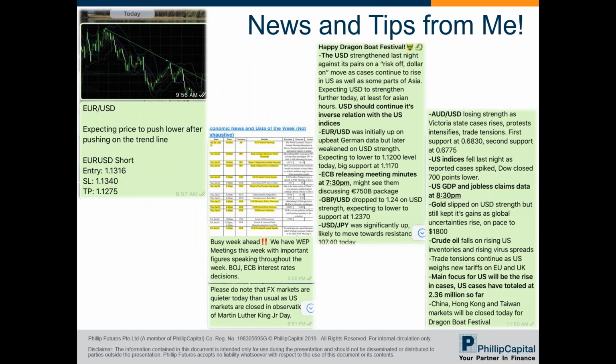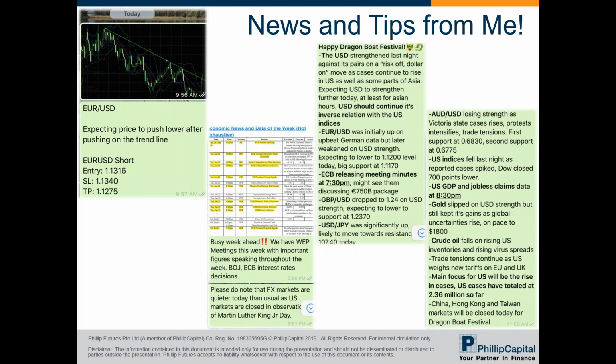So some of the trade advice and news tips that I send on a daily basis. If you see on the left hand side, it's a trade advice. This one is for the currency. Occasionally I would provide some trade recommendations for you, whether to short or long, as well as give some entry and exit points.